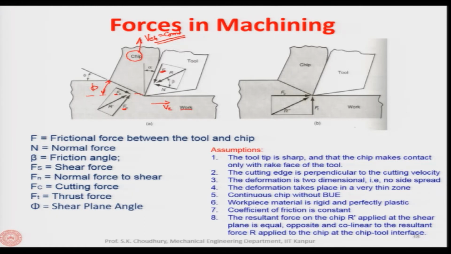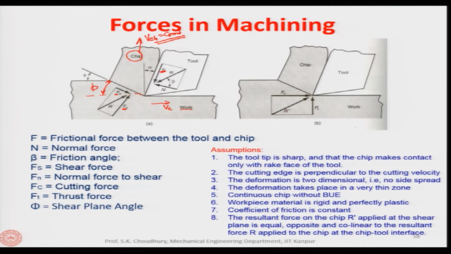So, the shear plane angle phi, particularly, can change a bit, and if the shear plane angle changes, as you understand, the directions of Fs, Fn, F and N will be changed. So, therefore, we do not have any particular, ideal, constant direction of Fs and Fn.